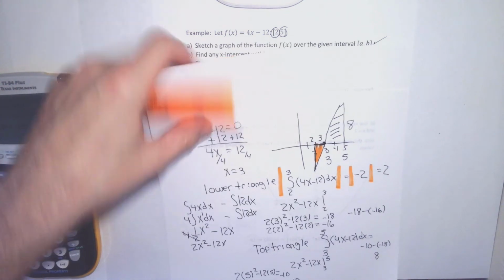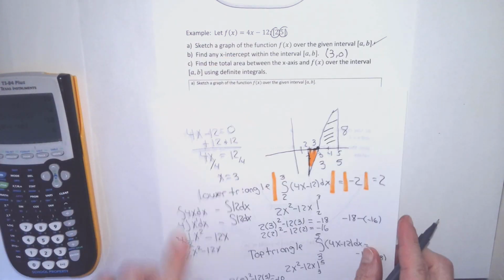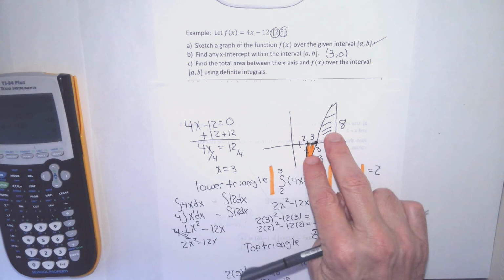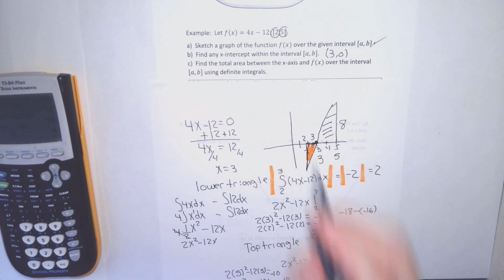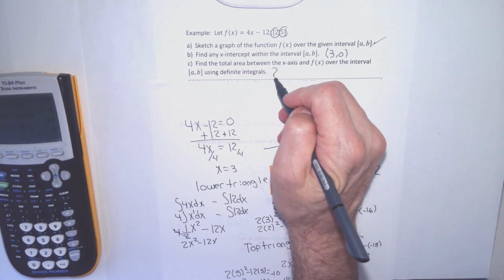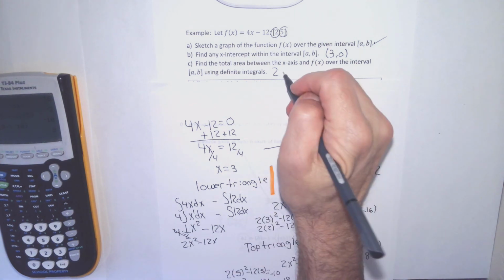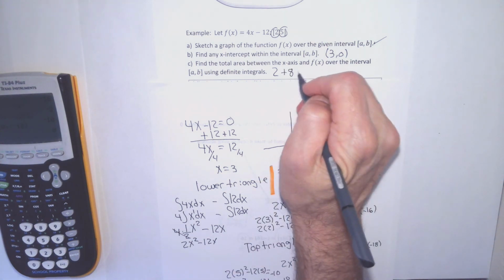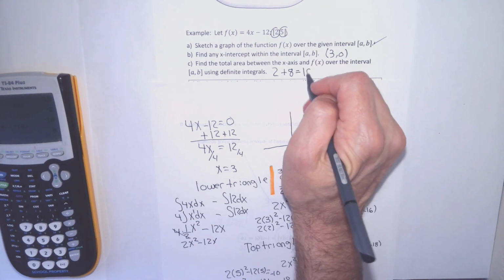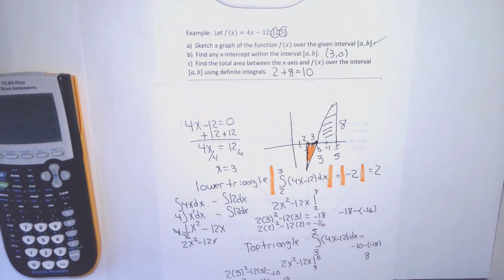The answer to part C of this example wants me to find the total area, the combined total area making both positive. So the total area is going to be the area of the bottom triangle, which is positive 2, plus the area of the top triangle, which is positive 8. The total area is 10.